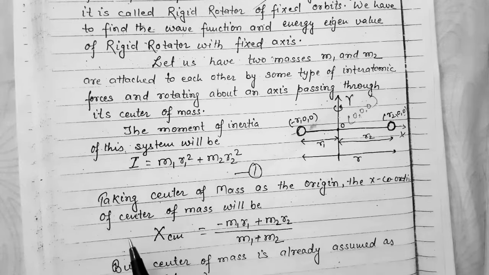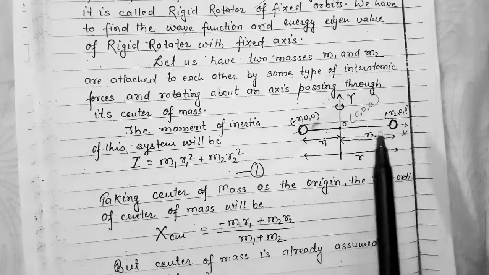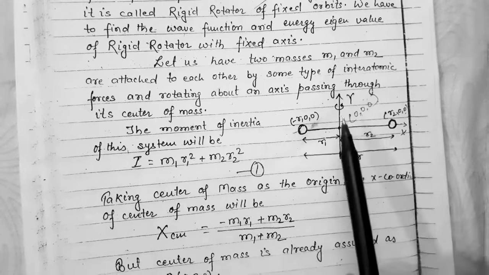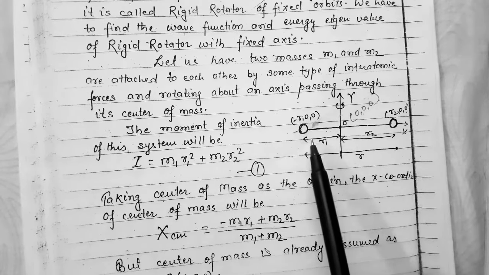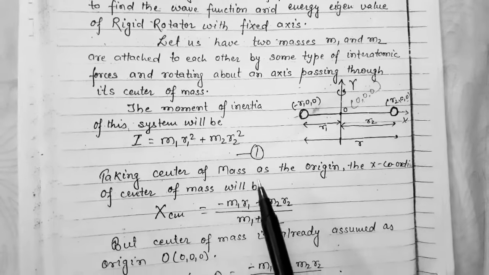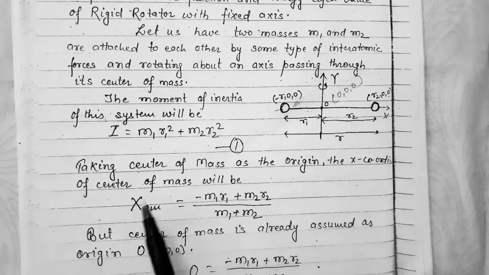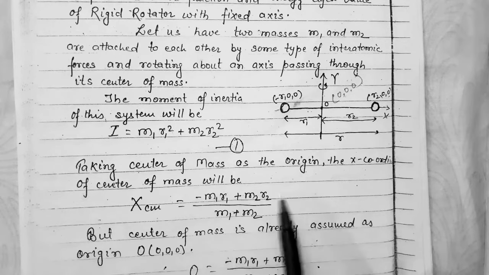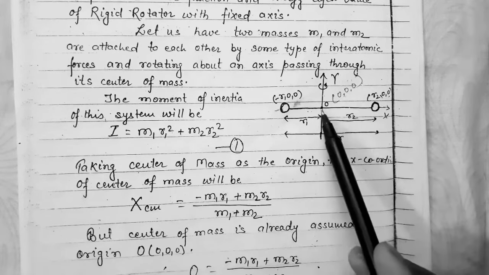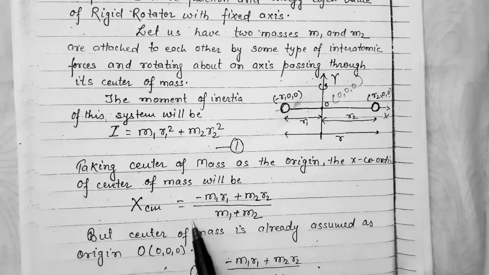We cannot define this in a 3-dimensional way, so we take an x coordinate for the simplification of this rigid rotator problem. For the x coordinate, the center of mass will be defined as this. If we take the center of mass as the origin, the center of mass at the x coordinate will be this equation.